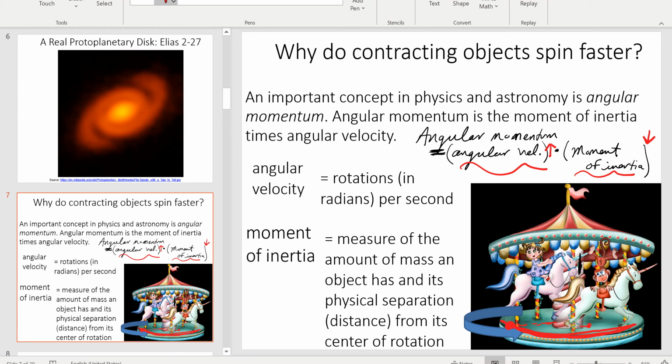But both of these scenarios are in principle correct. But I will show you why the moment of inertia for a contracting nebula of gas and dust would decrease. So let's keep that in mind. This is the explanation for why contracting objects spin faster.